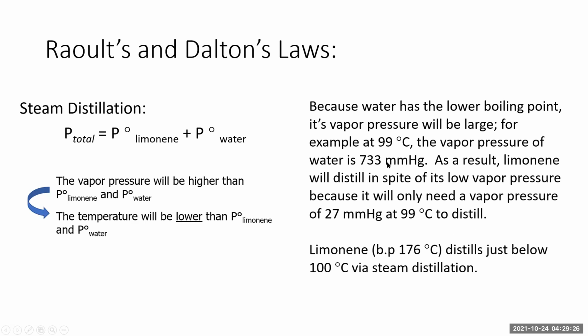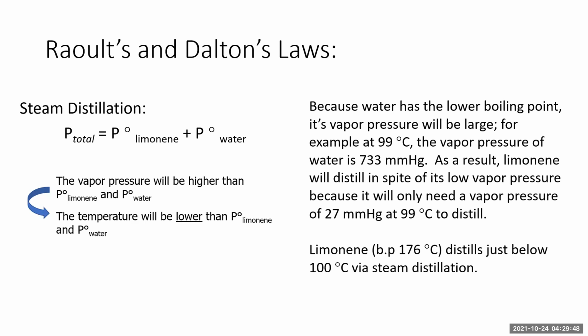And that's because we need to reach 760 millimeters of mercury, which is atmospheric pressure, for boiling to occur. And at 99 degrees Celsius, water is producing the majority of the vapor and the majority of the pressure from that vapor.